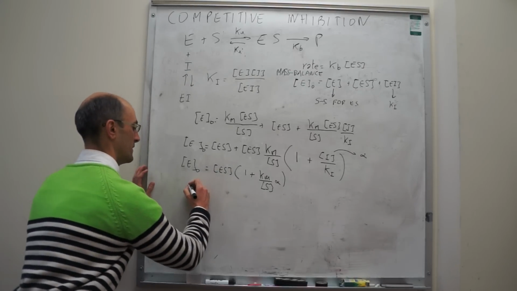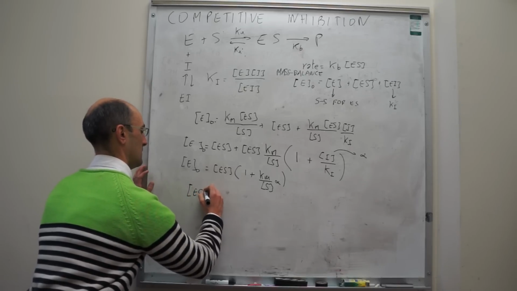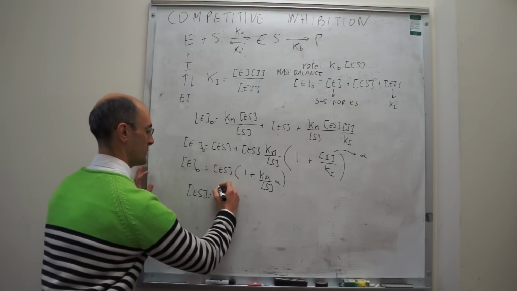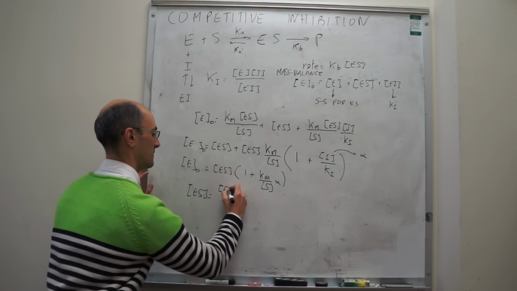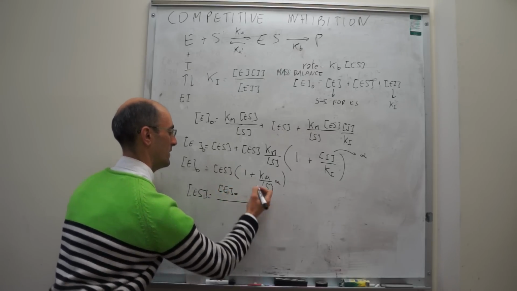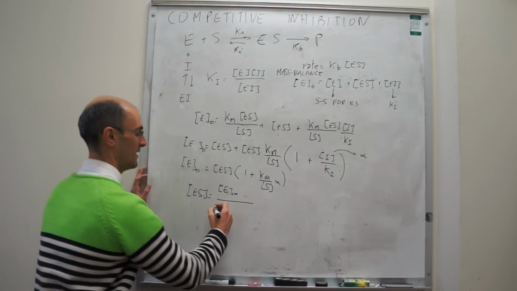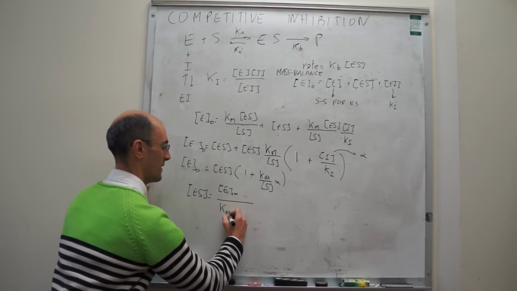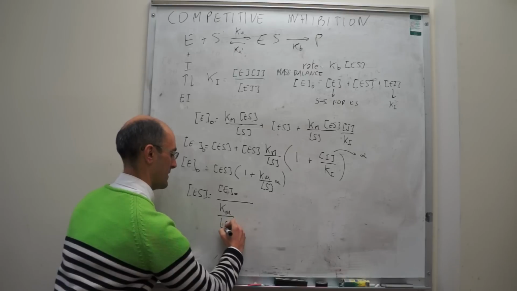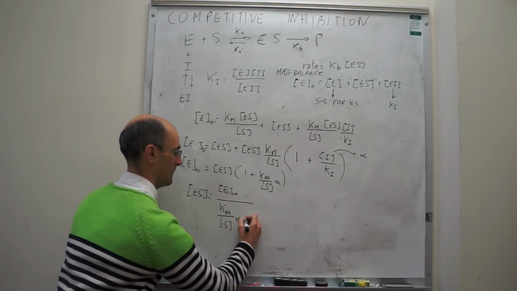So the concentration of ES is going to be equal to the concentration of E at time 0 over that stuff, which I'm going to rearrange. I'm just going to write this first and then plus 1, just for convenience: K sub m over concentration of S, alpha plus 1.